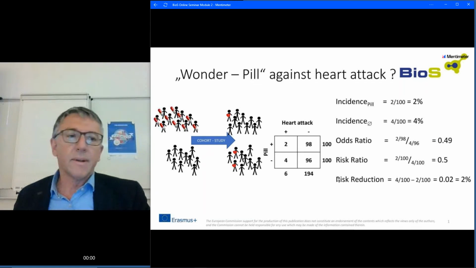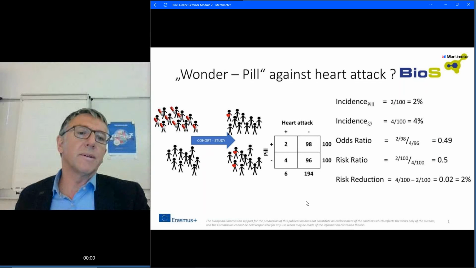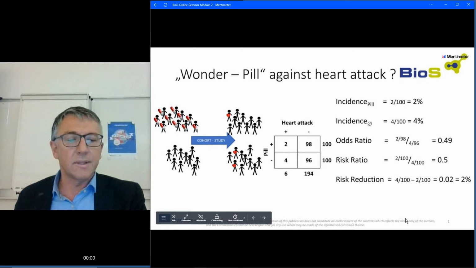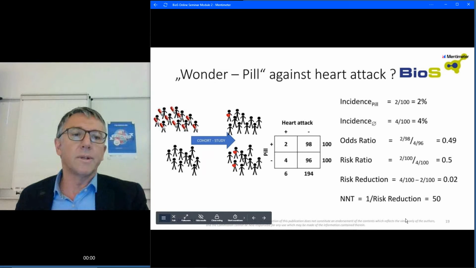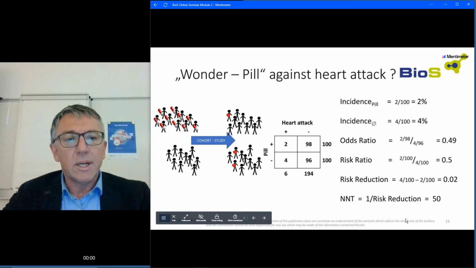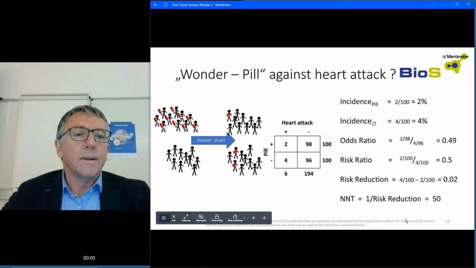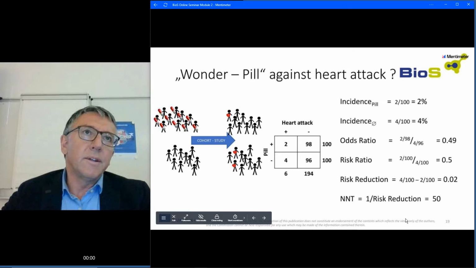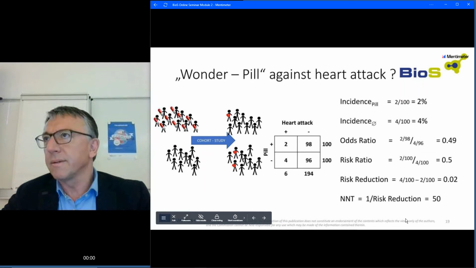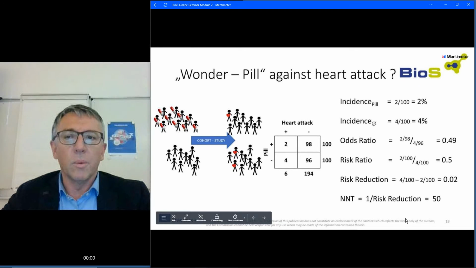But there's one more piece of information that you can add, and this is the so-called number needed to treat, the NNT. The NNT is 1 divided by the risk reduction, and the number needed to treat means that you need 50 people to treat to avoid 1 heart attack.